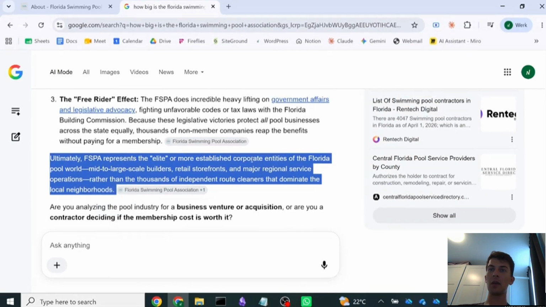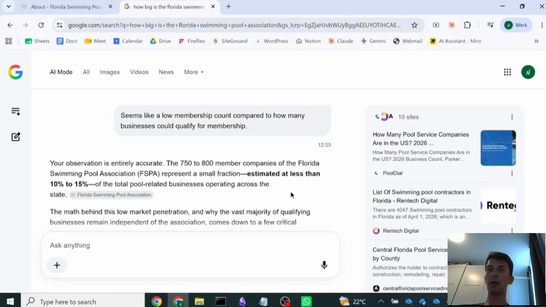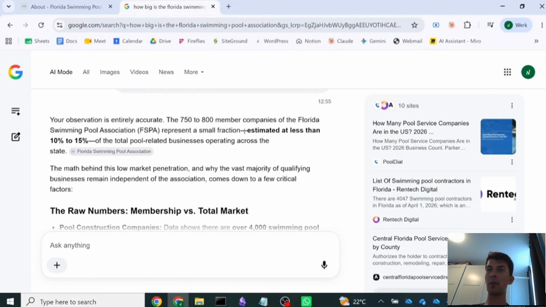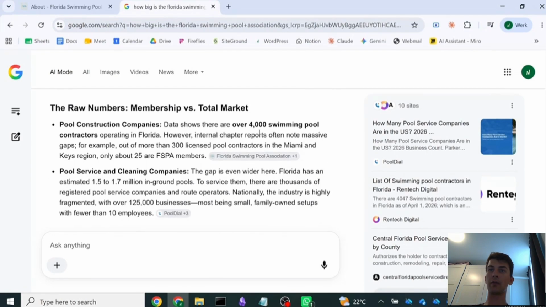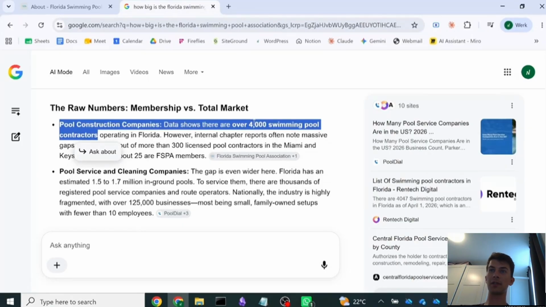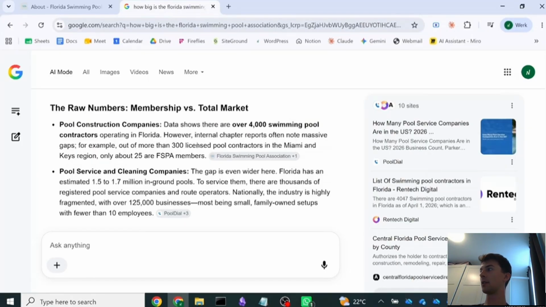But yeah, with 800 member companies, there's still quite a lot of ground to cover. If there's 4,000 swimming pool contractors, we can certainly bring that number up.